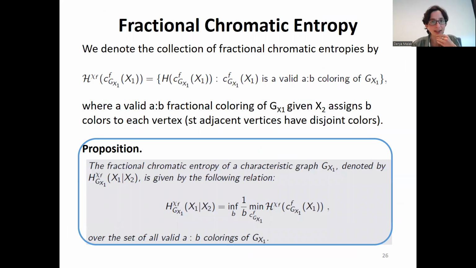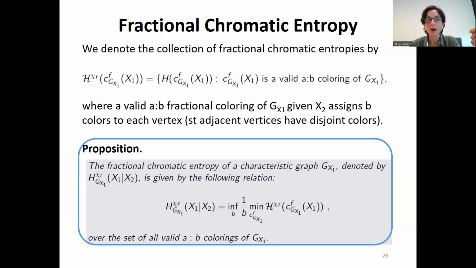So what I have done was I evaluated the entropy. I characterized the entropy for this fractional setting. I characterized the fractional chromatic entropy. So here in the above, I have a definition where instead of standard coloring, I define a set of valid fractional a:b colorings for a given graph.